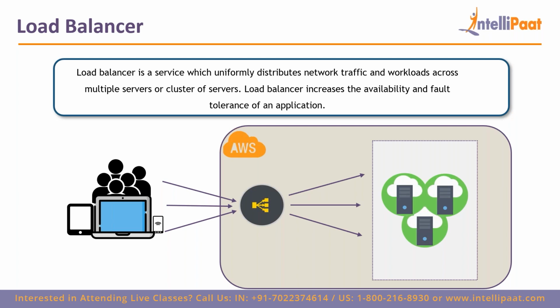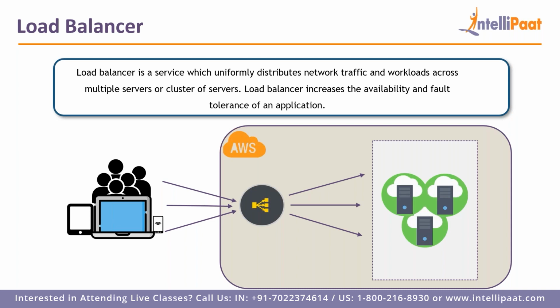Netflix will have a lot of servers, right? The load balancer will distribute the traffic across each of those servers. For example, let's say there are 10 servers and 1,000 users. The load balancer will either distribute 100 to each server, or if there is any other integrated script written within it, then it might distribute it in a different way.